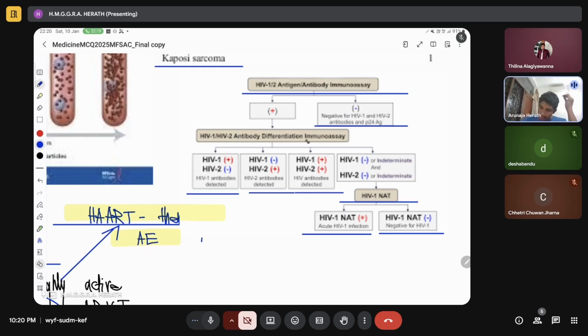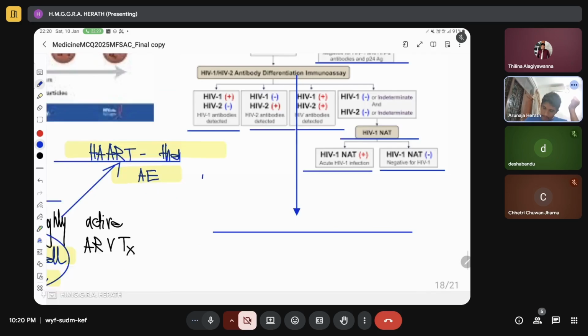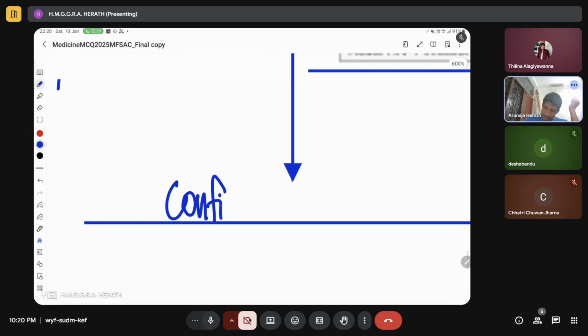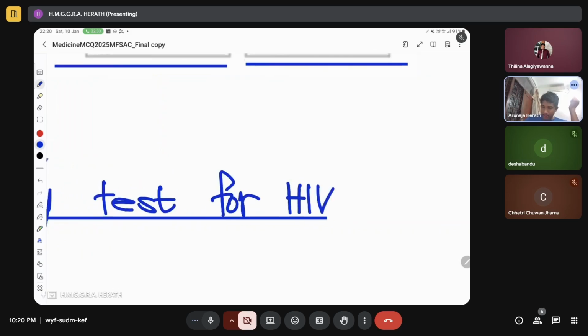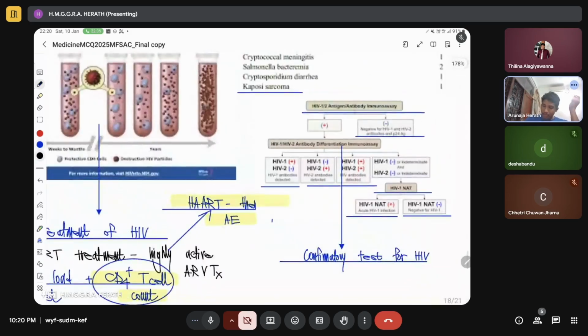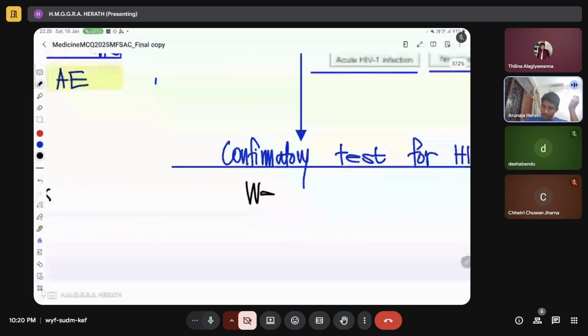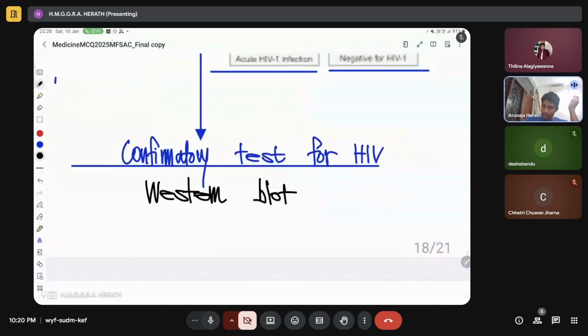So what is the confirmatory test for HIV? Confirmatory test for HIV. Confirmatory test is the Western blot test. Western blot test.